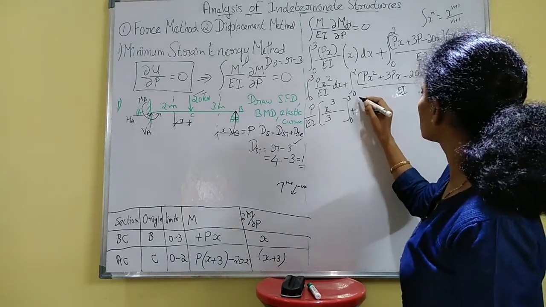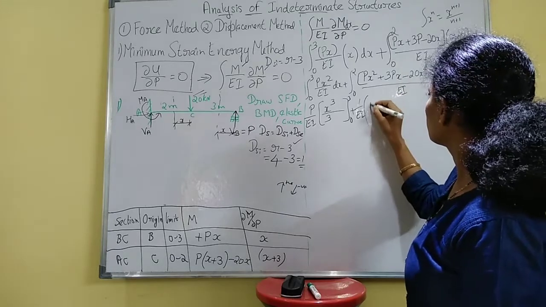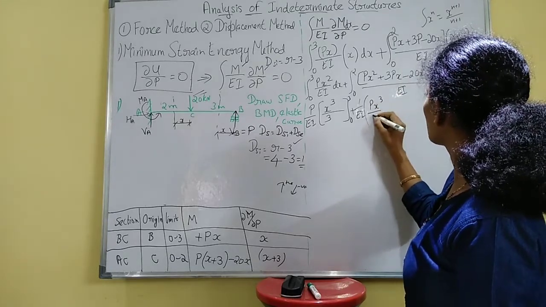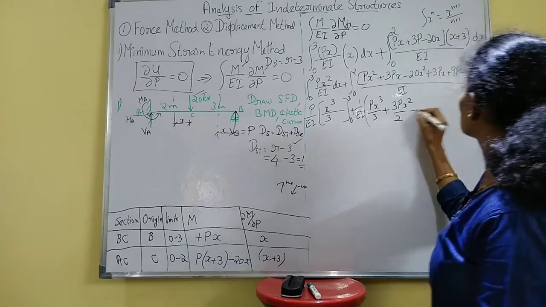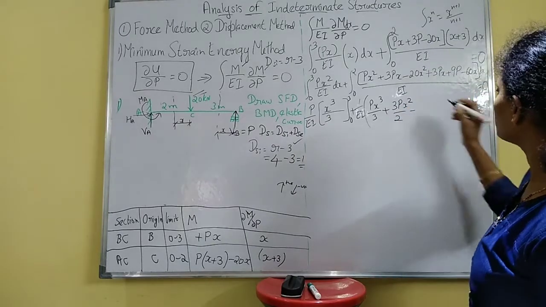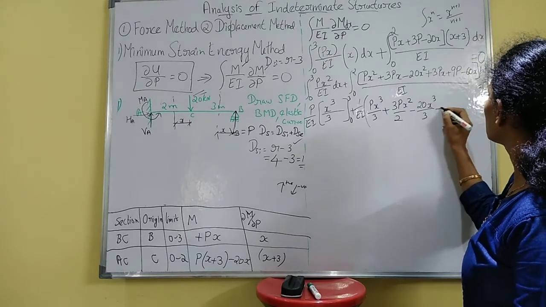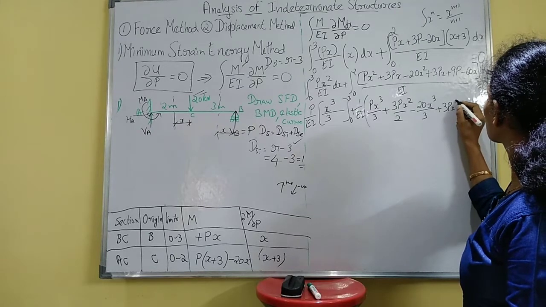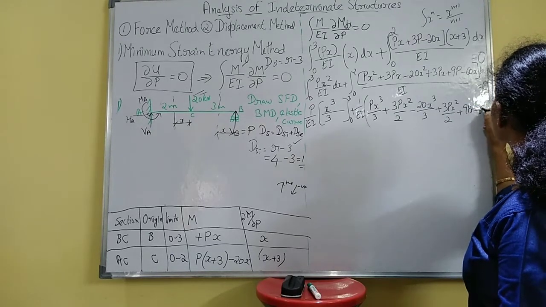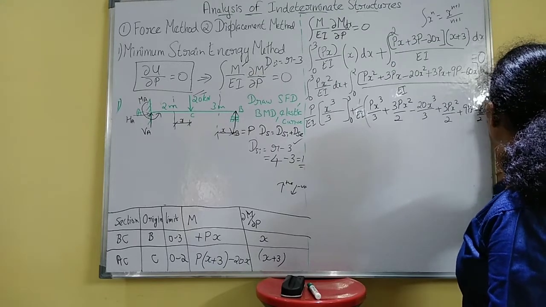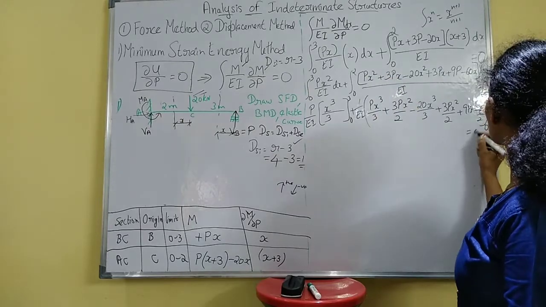Just integrate it, you have 1 by EI constant, P into x cube by 3 plus 3P into x square by 2 plus 9Px minus 60 x square by 2. The limit is 0 to 2, which is equal to 0.